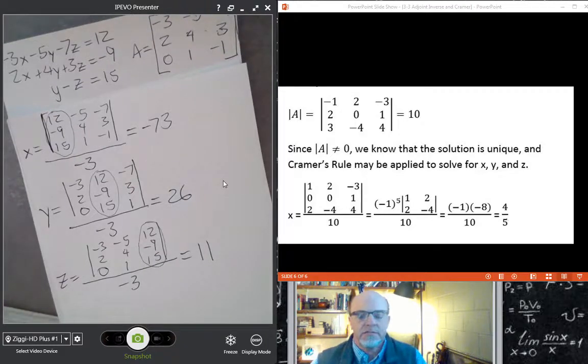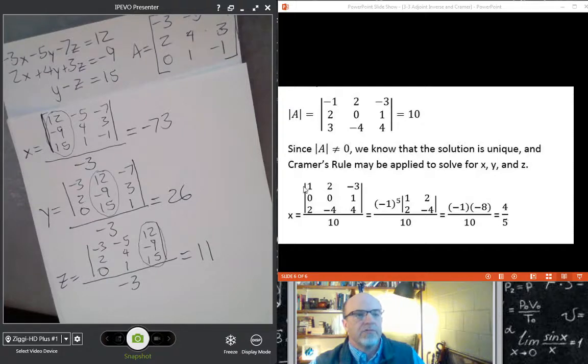In this case right here, this is what I need to tell you. For x, we did all this. We got 4/5. If you plug in the 102 for the second column up here and solve for y, you're going to get negative 3/2.